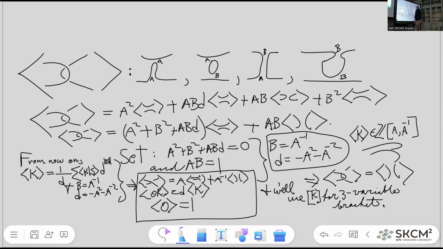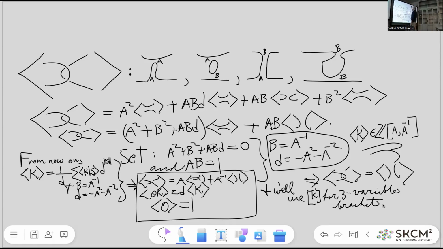So that's a change of notation, which is natural at this point. I'm going to use sharp bracket to mean the topological one that is invariant under the second Reidemeister rule, with the D equal to minus A squared minus A to the minus 2, and the value of the loop set equal to 1 by dividing off one loop. But I still want to have this other one around.